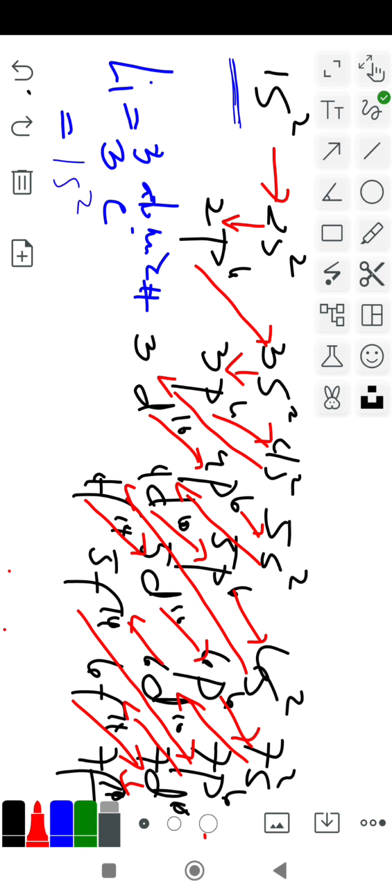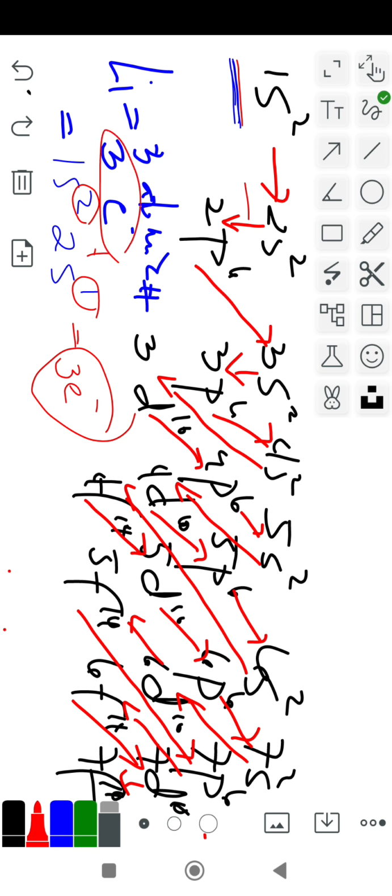This means we only have two electrons, so we still need one more electron to make it 3. Next after 1s2 is the 2s. We write 2s, but we only need one electron, therefore we write 1 there. So we have 2 plus 1 equals 3 electrons. Therefore, 3 and 3 are the same.